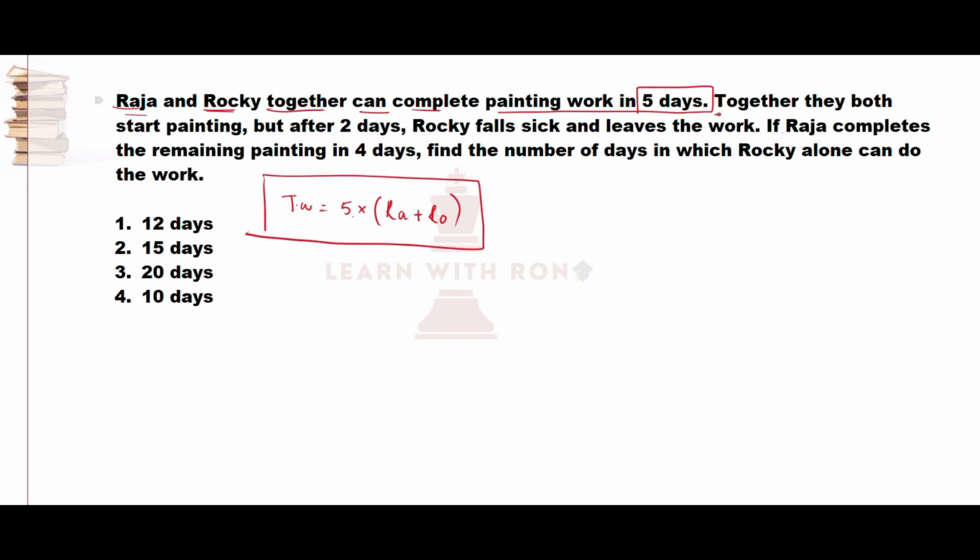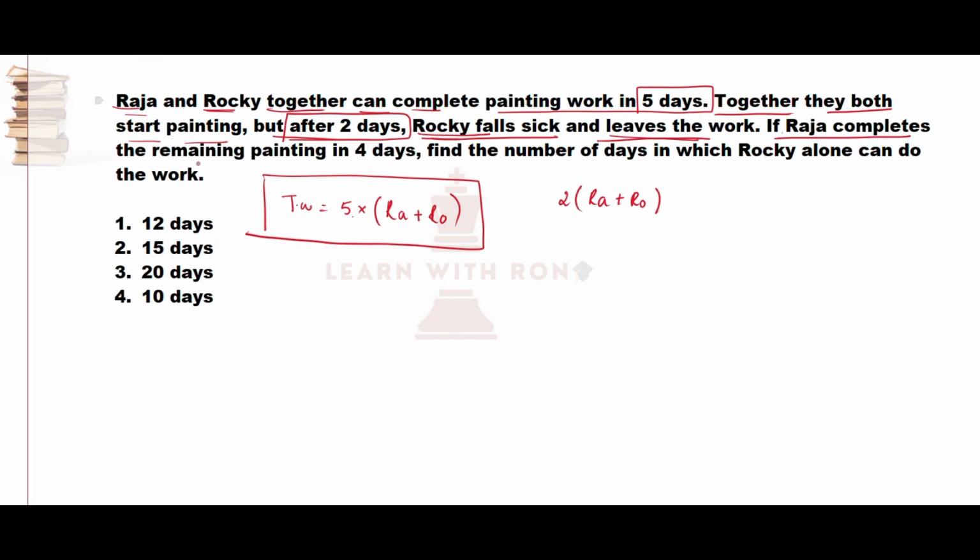See the next part. Together they both start painting, but after 2 days Rocky falls sick and leaves work. Until 2 days they both worked, right? So 2 days of both Raja and Rocky's work. Then Rocky falls sick and leaves the work.